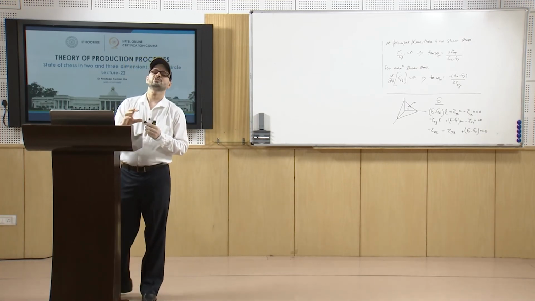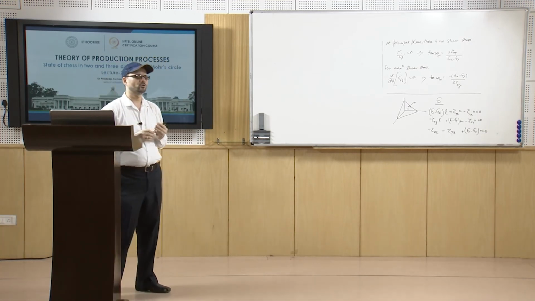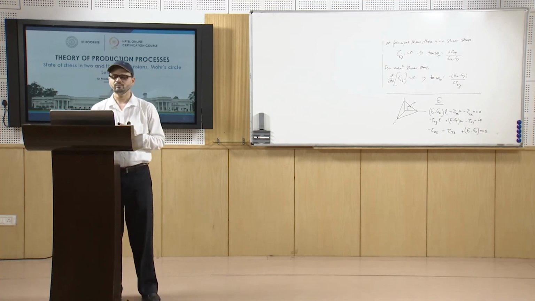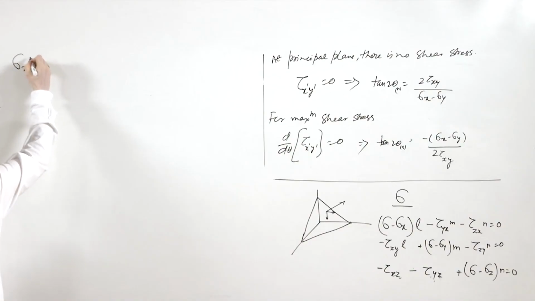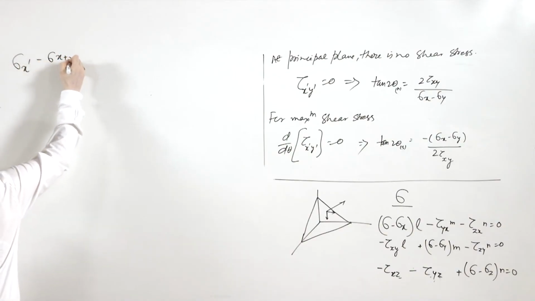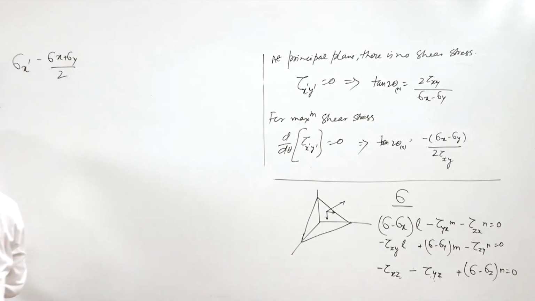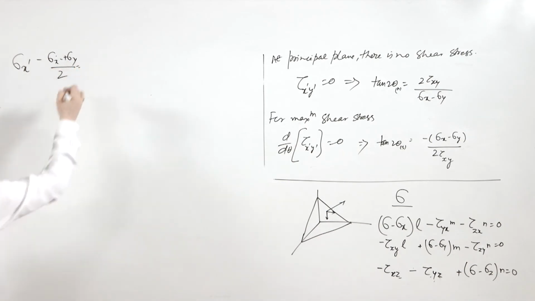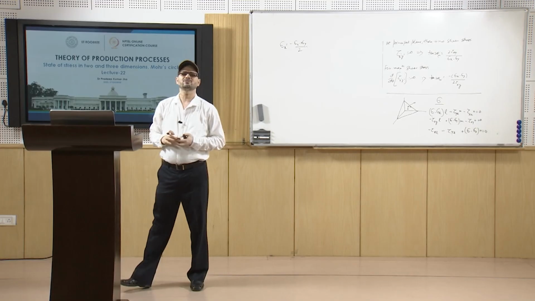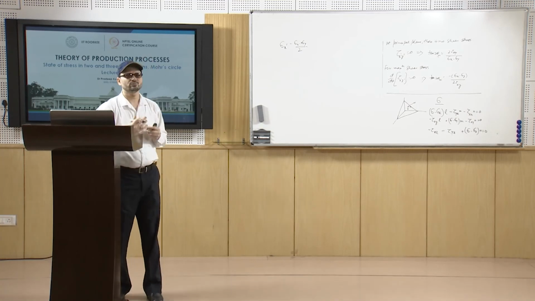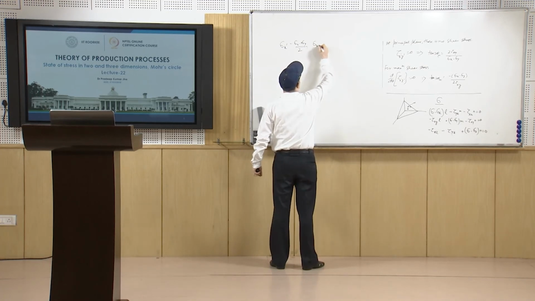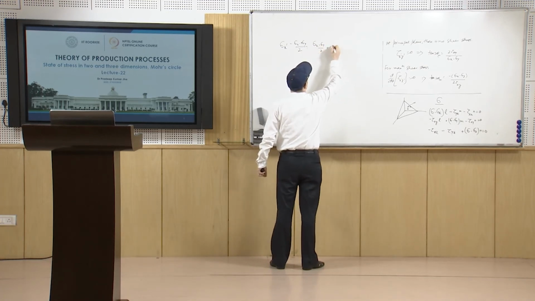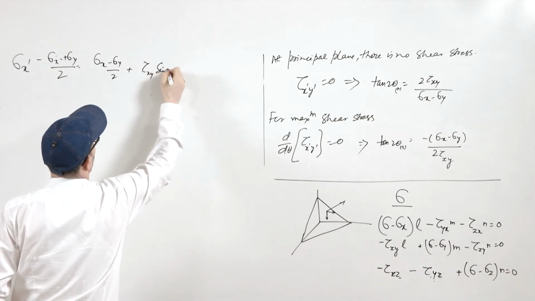If you try to look further, take sigma x plus sigma y by 2 to the other side. Then sigma x prime minus sigma x plus sigma y by 2 will be sigma x minus sigma y by 2 cos 2 theta plus tau xy sin 2 theta.